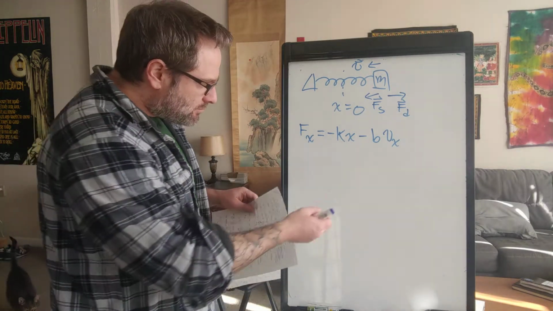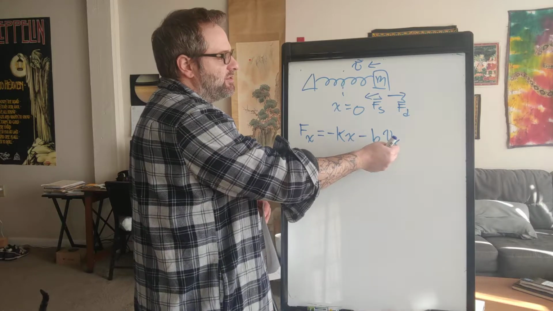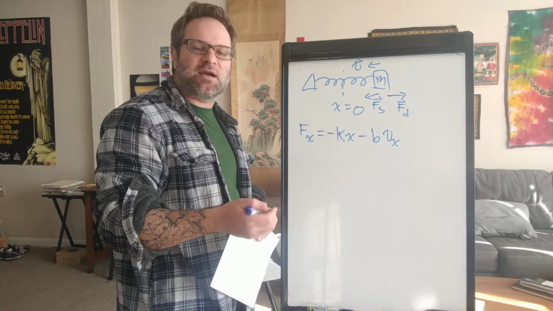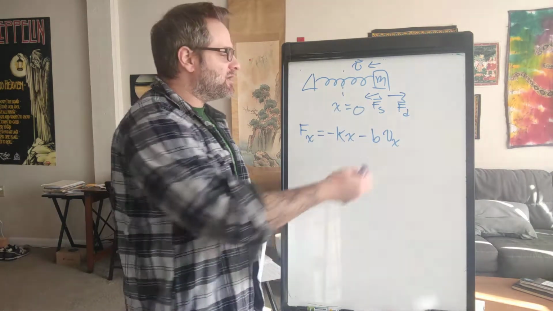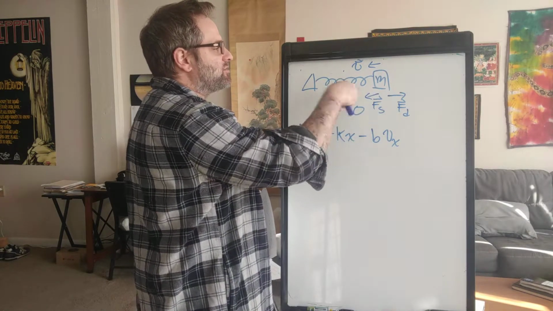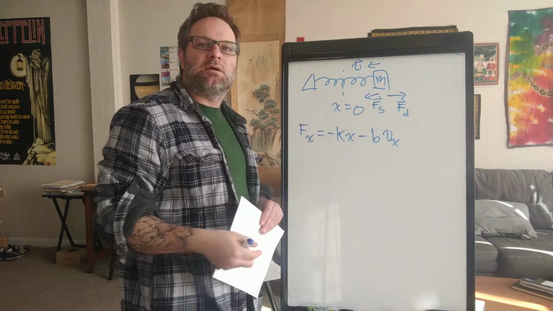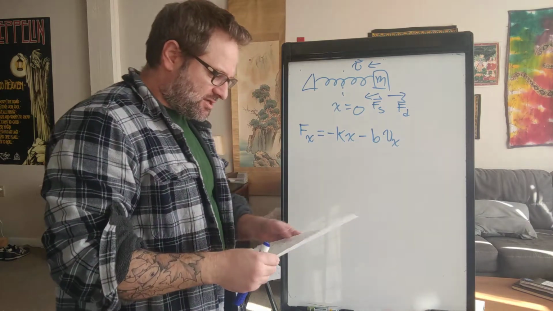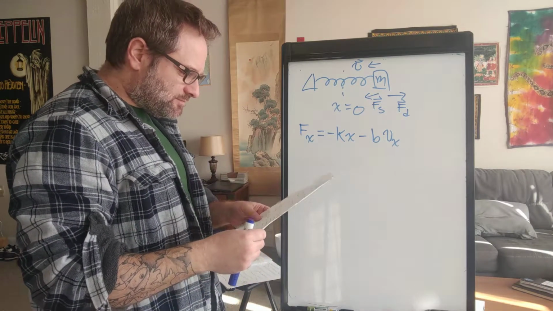And this v_x is a vector, even though I didn't put the vector sign on it, because the negative sign for which direction the velocity is pointing is inside this v. So that v can be positive or negative.